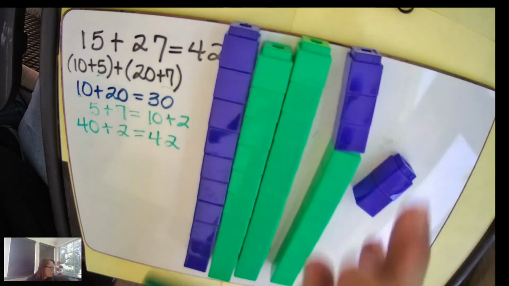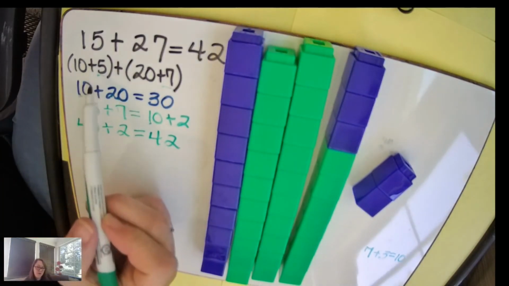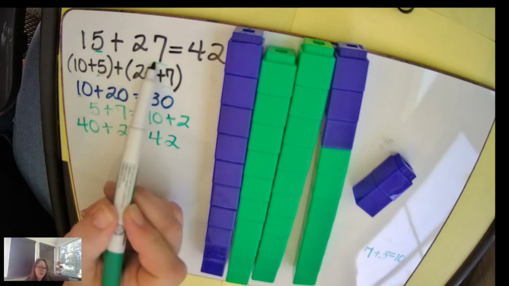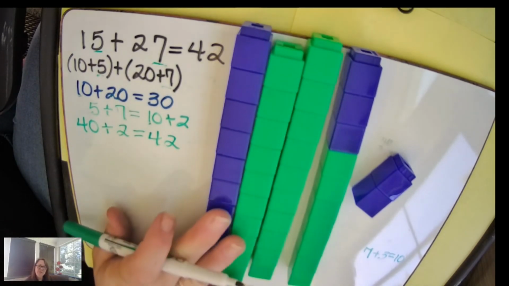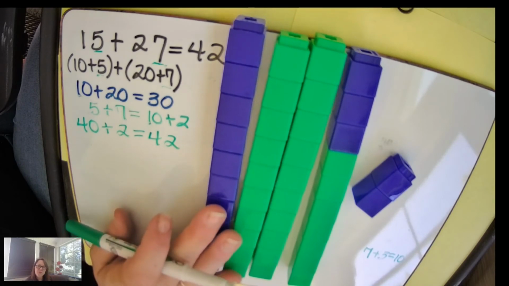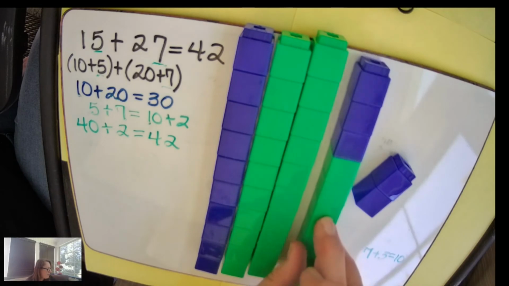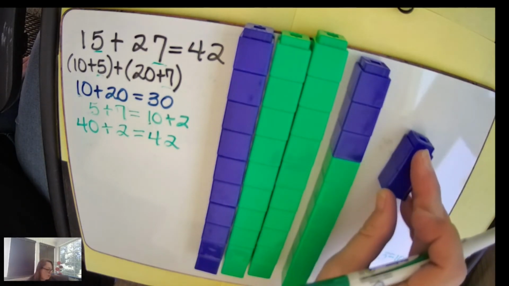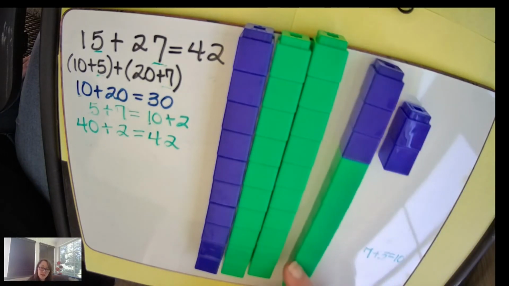Davon, do you see the 5 and the 7 here? Where do you see that? Yes, yes. You see the 5 here and the 7 here.